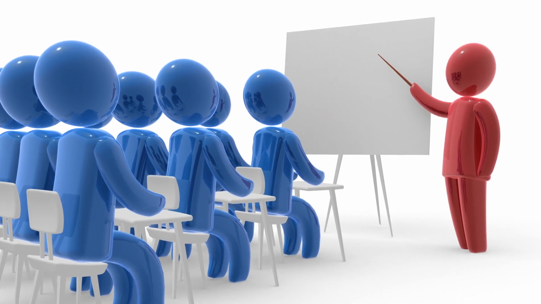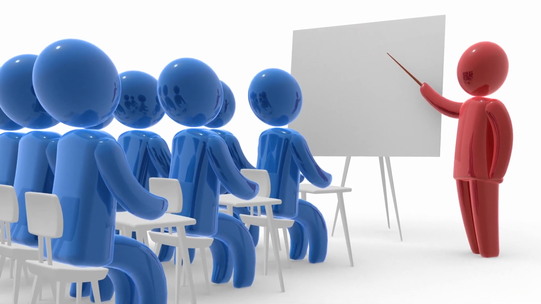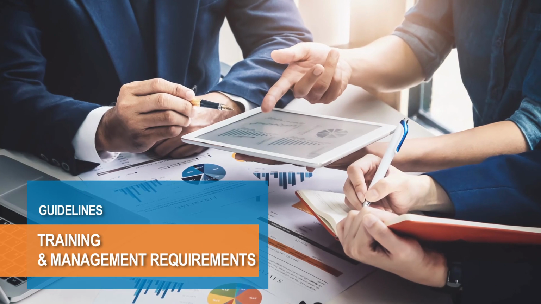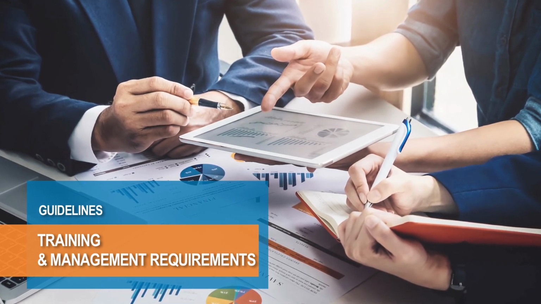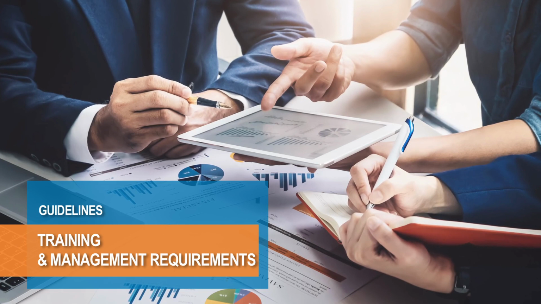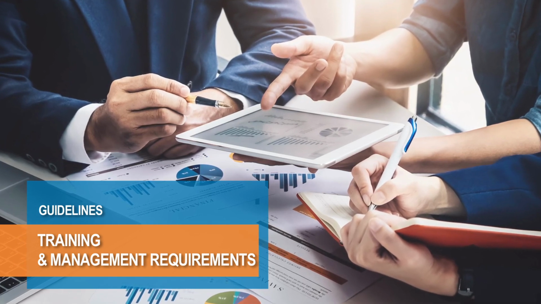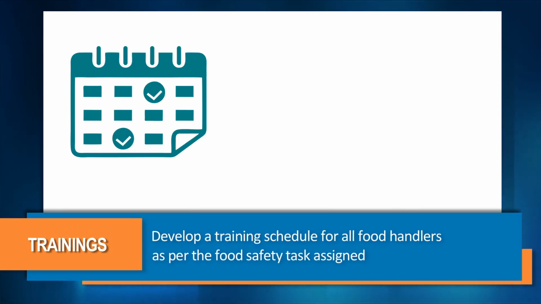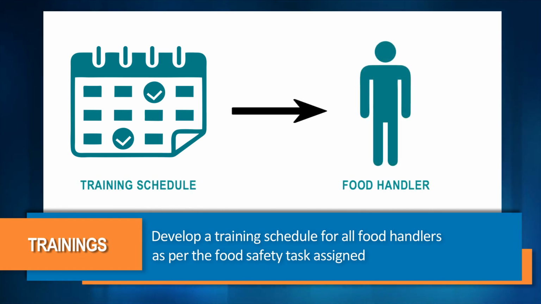In this video, we will learn about the training requirements and role of management to strengthen the food safety ecosystem in the food business. The food business shall develop a training schedule for all the food handlers as per the food safety task assigned to them.